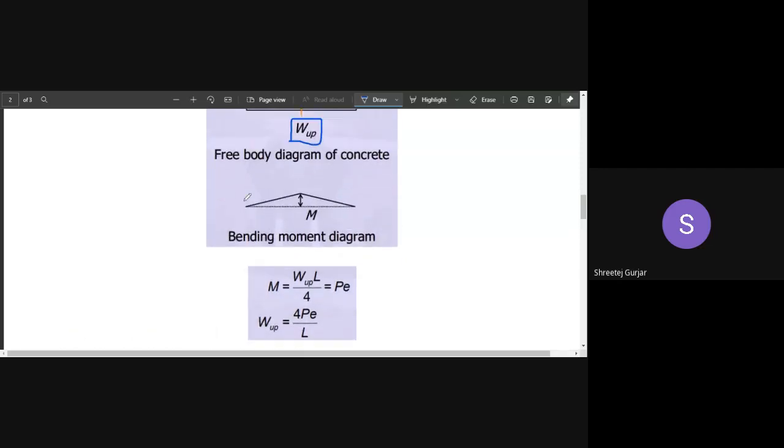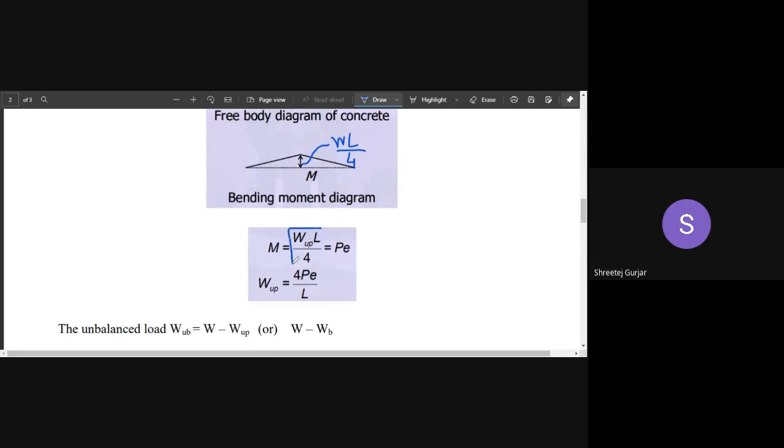So similarly, we know this bending moment which is acting over here is WL by 4, right? So WUP L by 4. Same thing we have substituted here. So instead of W, we have substituted WUP. So that is equal to P into E, which is the moment generated due to your pre-stressing force, the eccentric pre-stressing force.